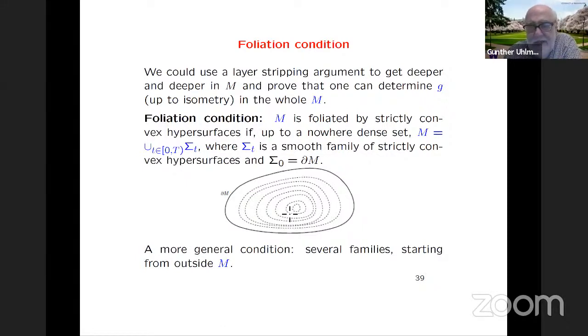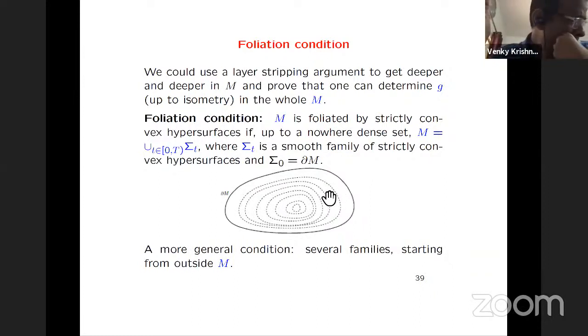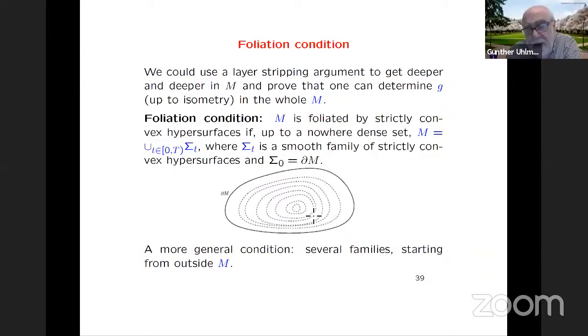You will only get stuck if it happens that you have trapping, for instance. The foliation condition does not allow for trapping. You can show that the geodesics are not trapped in this case. If you have trapping in some region, then you will not be able to continue.